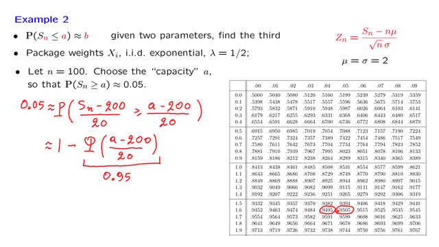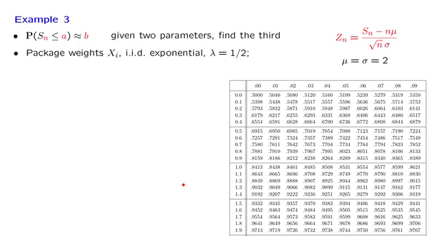And so we conclude that in order for this to be 0.95, we need (a minus 200) divided by 20 to be equal to 1.645. And then we solve for a, and we find that a should be 232.9. And we can choose the capacity of our container this way.